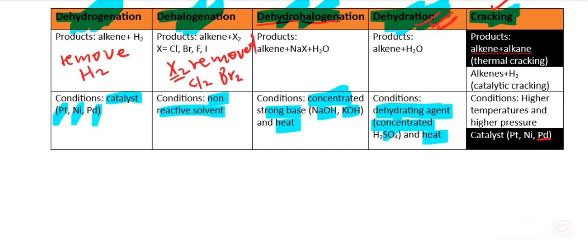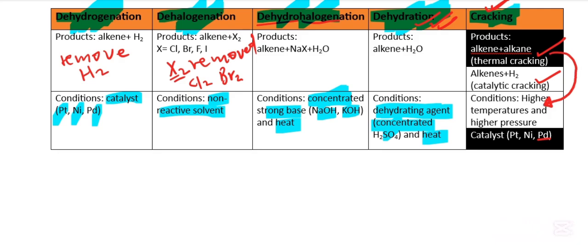Then let's quickly go to cracking. So cracking has two types. We have thermal cracking, we have catalytic cracking.